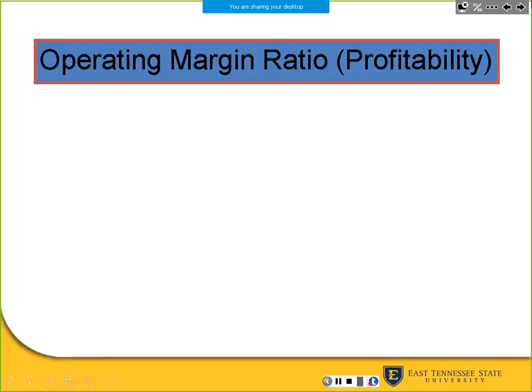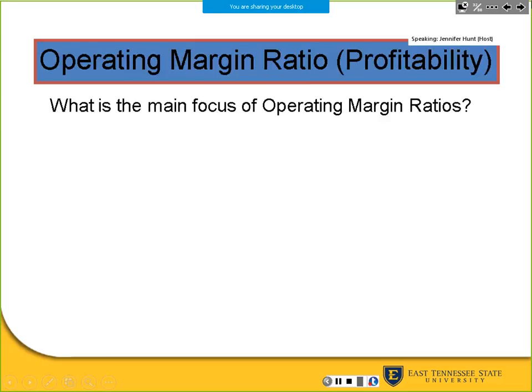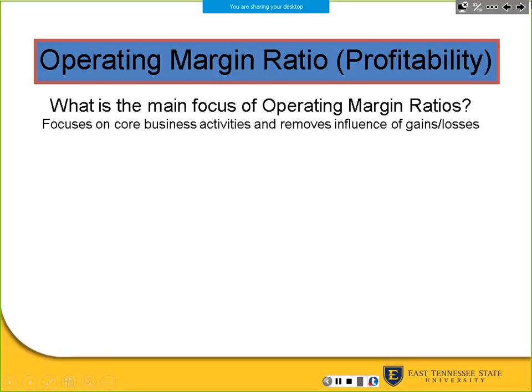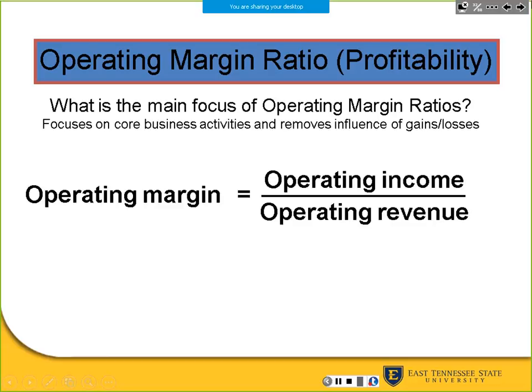So we look at operating margin. We just looked at total margin. Now we're going to look at operating margin. The main focus of operating margin is going to be our core business activities. So we're going to look at operating income divided by operating revenue. So what are our numbers going to look like here? Well, first, somebody tell me the sheet that we're going to go to find this information.